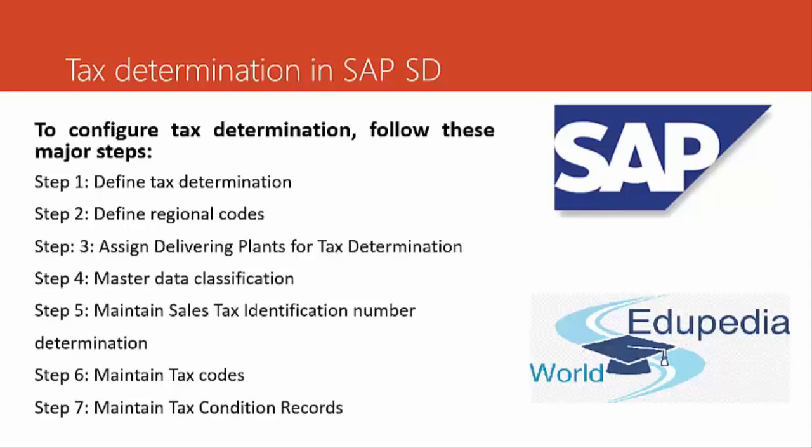Step 3, assign delivery plants for tax determination. Step 4, master data classification. Step 5, maintain sales tax identification number determination. Step 6, maintain tax codes. And step 7, and the last step, maintain tax condition records.